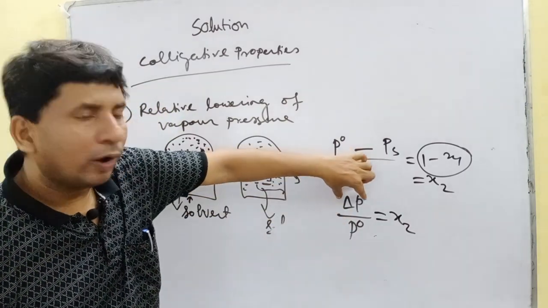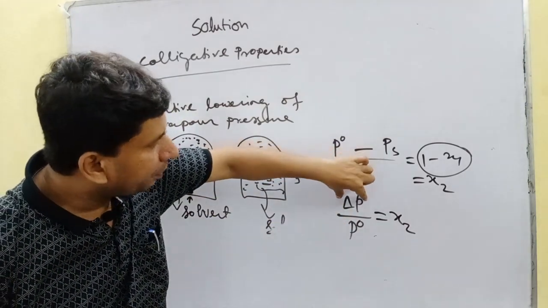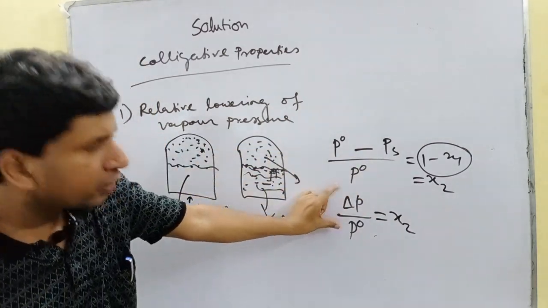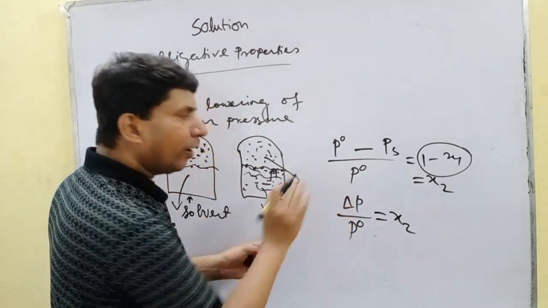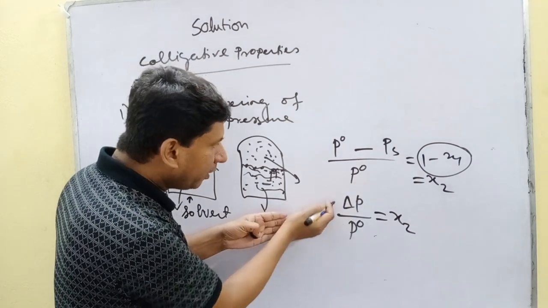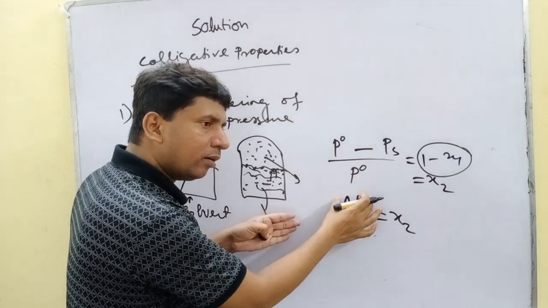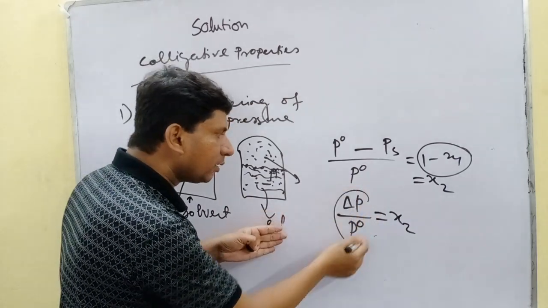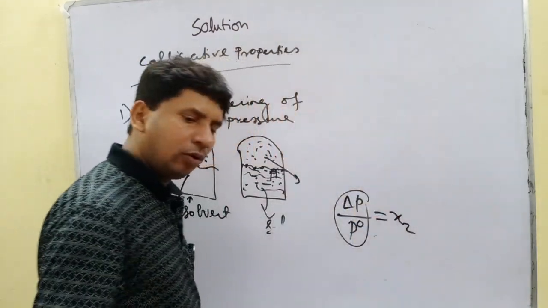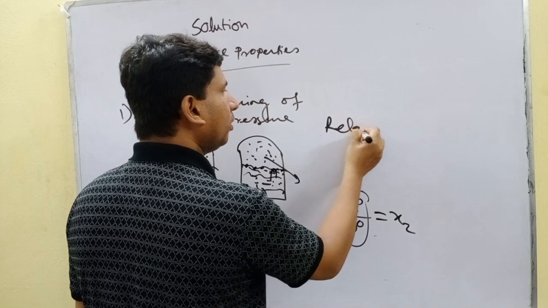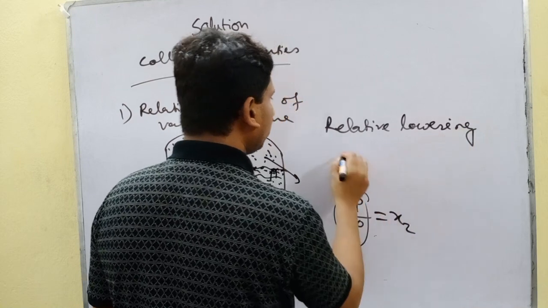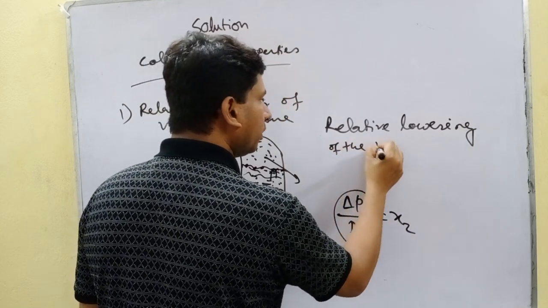Delta P is the lowering of vapor pressure, and dividing by P0 gives a ratio, the lowering compared to P0. Hence it is known as the relative lowering of vapor pressure.